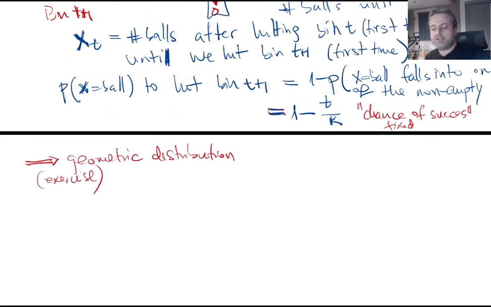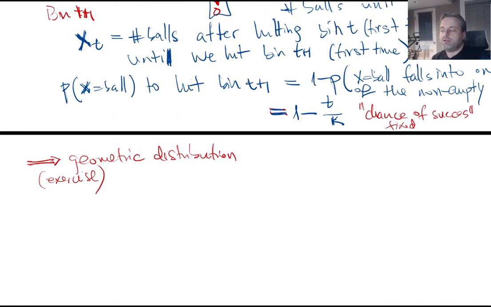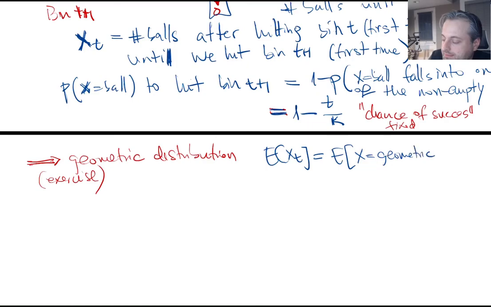So the expected value of xt would be the expected value of x, which has a geometric distribution with success probability equal to 1 minus t divided by k.